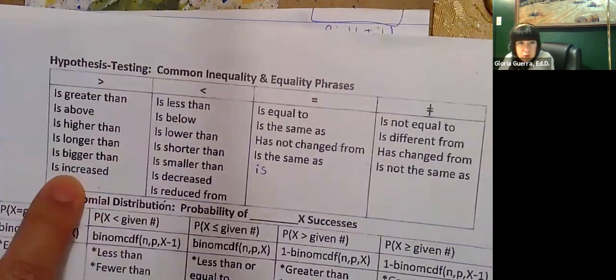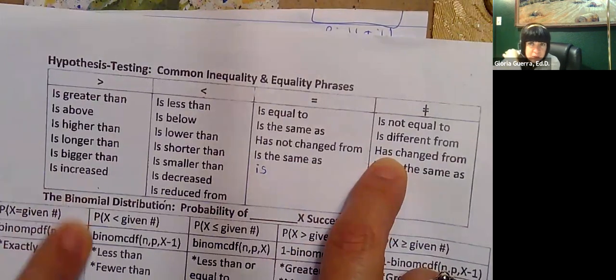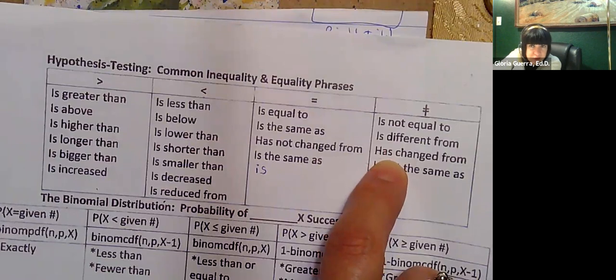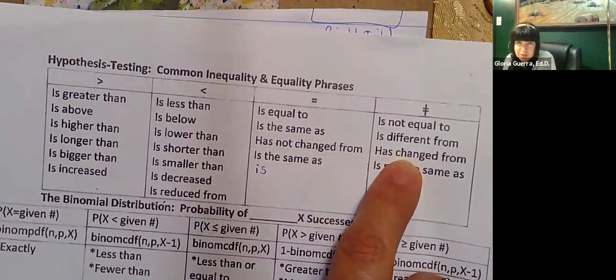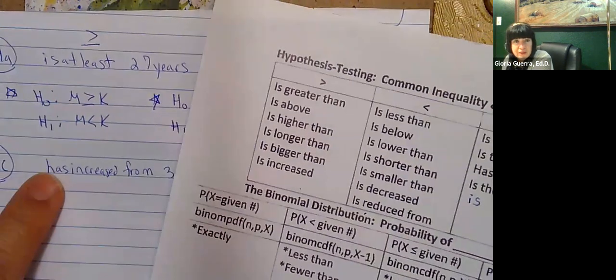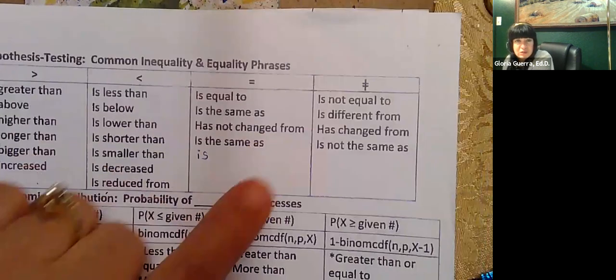At first I got thrown off. I did it wrong the first time, and then I checked my answer, and the "has" threw me off because I went with "has changed," but it didn't say change. It says "has increased." So it's not "has changed," it's increased.